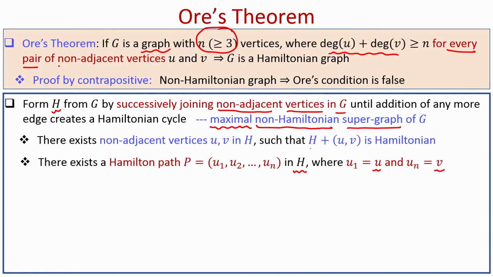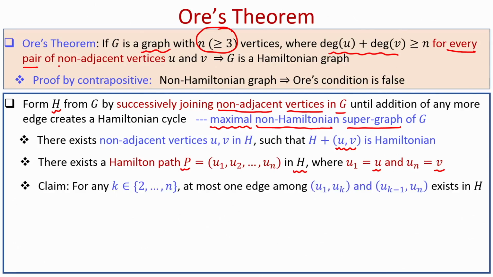Because if I would have added the edge between the nodes u and v in my graph H, then that edge, if I traverse or include in my path P, would have given me a Hamiltonian cycle. So, because of that fact I can conclude that there exists a Hamiltonian path in my graph H starting with u and ending with v, which is simple and which covers all the vertices of the graph. So, that is why u1 to un.